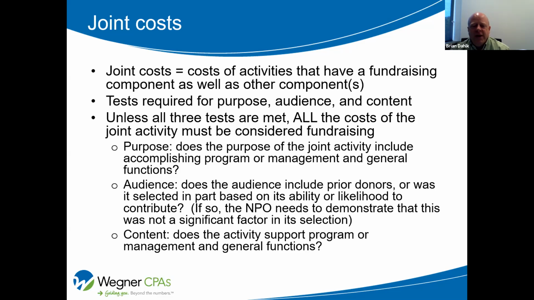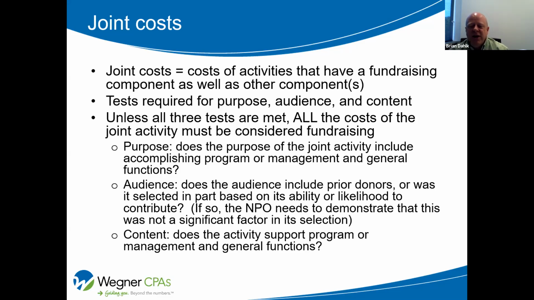The authorities apparently felt that there was too much of a tendency for nonprofits to be tempted to over-allocate fundraising activities to program services. And so they decided that fundraising activities really need to meet a series of tests in order for those costs to be allocated.